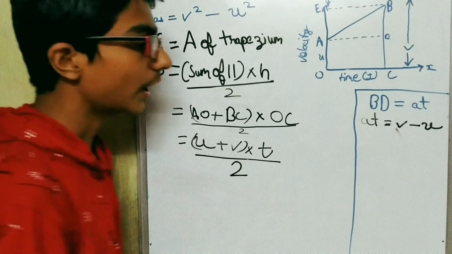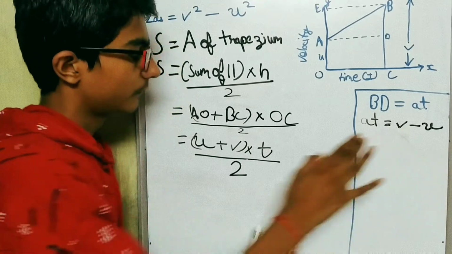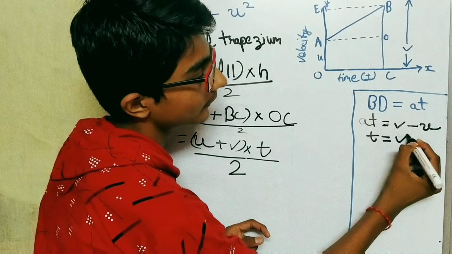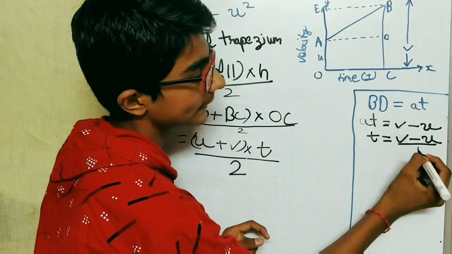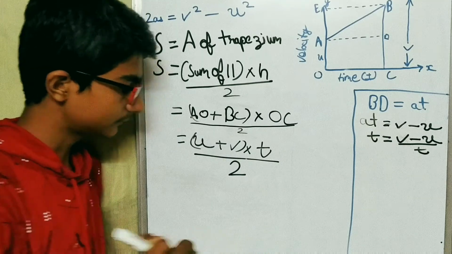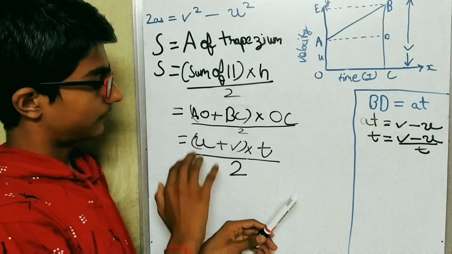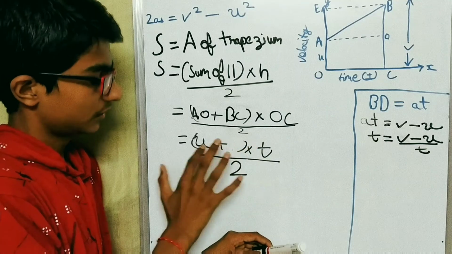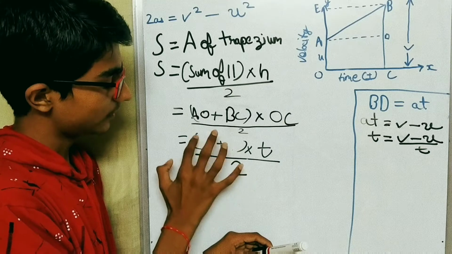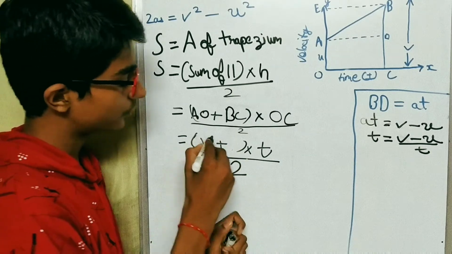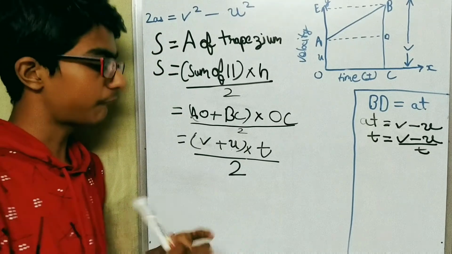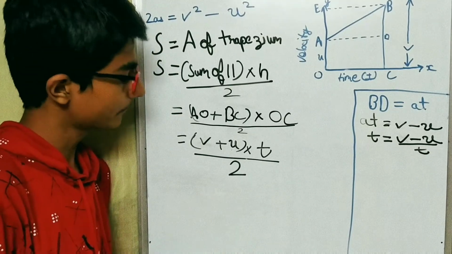So now we have to find t. We will make t the subject of the formula, and here we got t equal to v minus u upon a. First we will change this u plus v into v plus u. It is a plus sign, so you can simply change it like this. We have to do this step afterwards, but if we do it earlier then there is no problem.